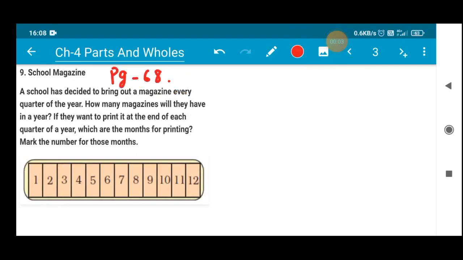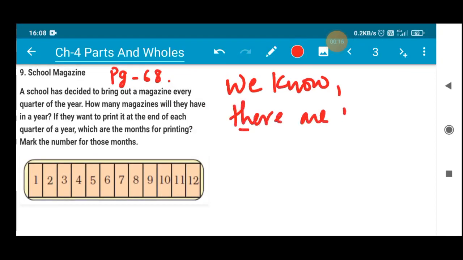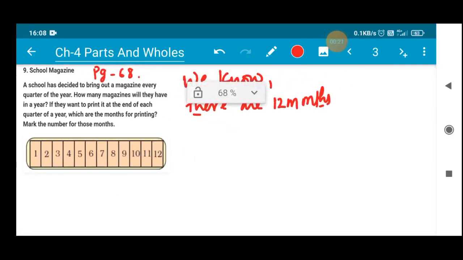The question is very easy. Just a hint is given there: in every quarter they are producing their magazine, right? So let us write, we know there are 12 months in a year. It is for sure, there is no doubt.